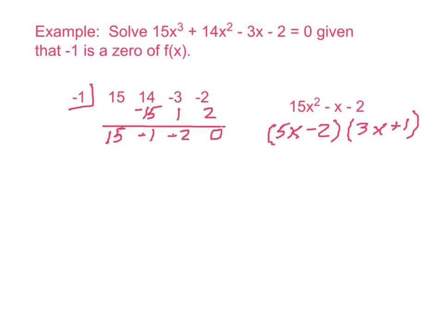I know that minus 1 is a 0. And looking at the results I just got, if I set 5x minus 2 equals 0, I realize that another 0 is 2/5.